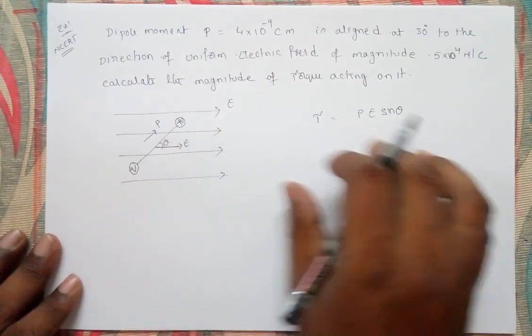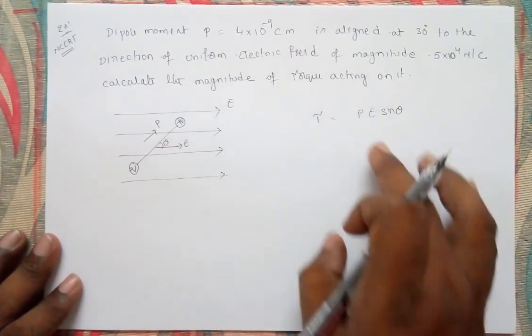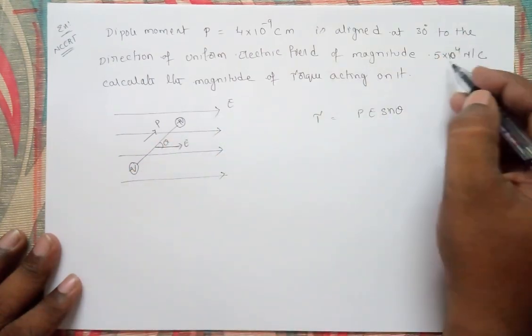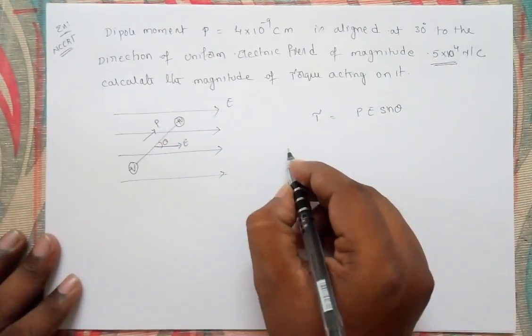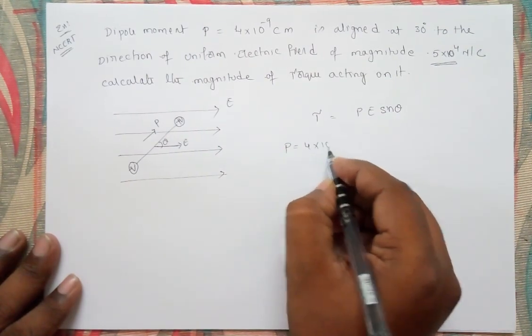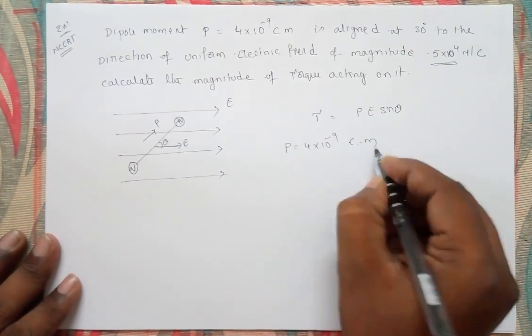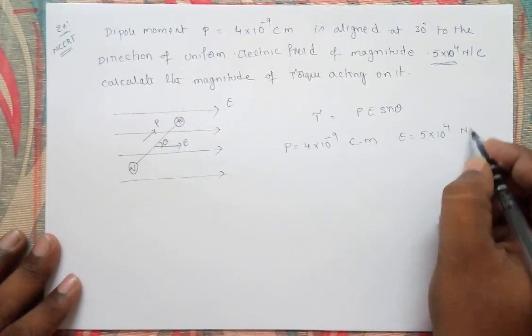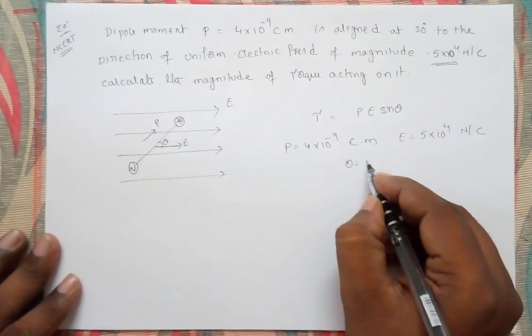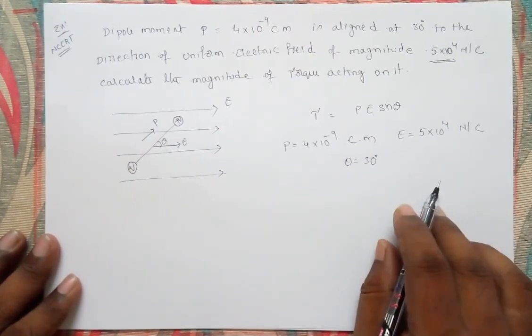So P is the dipole moment, already given. E, that is the electric field intensity, is also given. Theta is the angle between these two. So they gave P 4 into 10 raised to minus 9 coulomb meter, electric field intensity 5 into 10 raised to 4 Newton per coulomb, and theta is 30 degrees. We just need to substitute here.